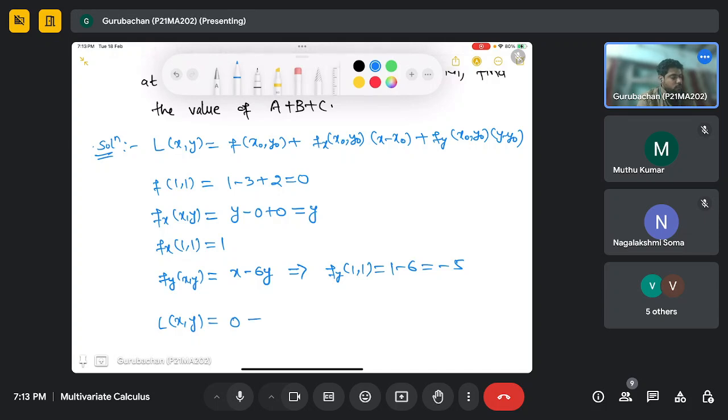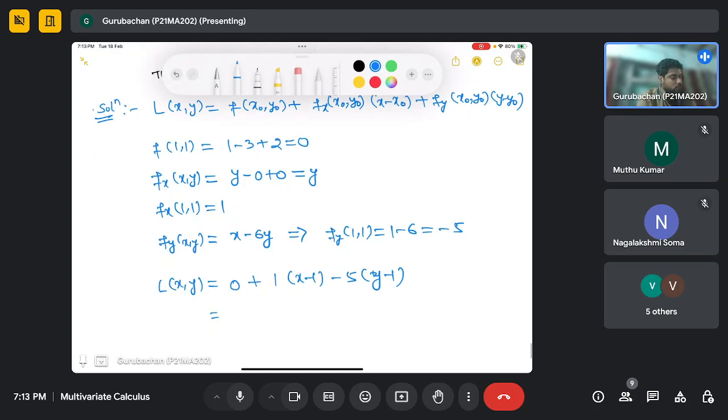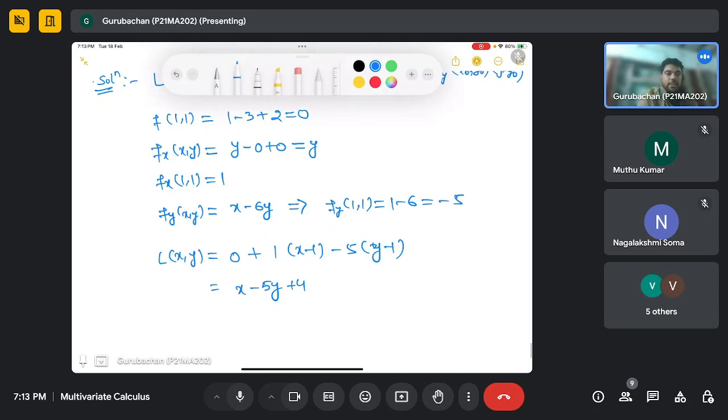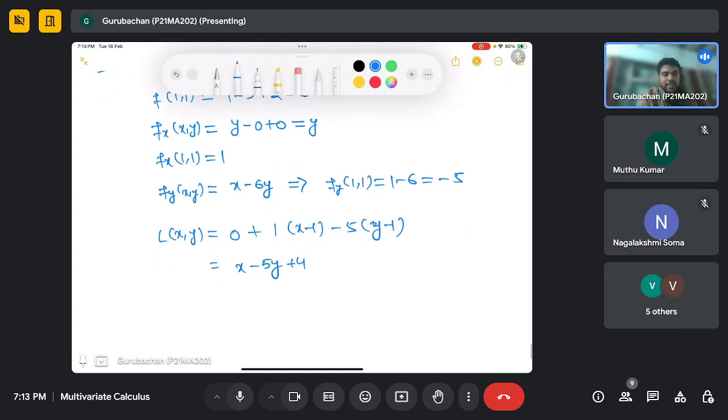This will give you 0 plus 1 times (x minus 1) minus 5 times (y minus 1), which will give you x minus 5y. This is minus 1 and this is plus 5, so this will be plus 4. Okay. I hope everybody is convinced with this linearization.